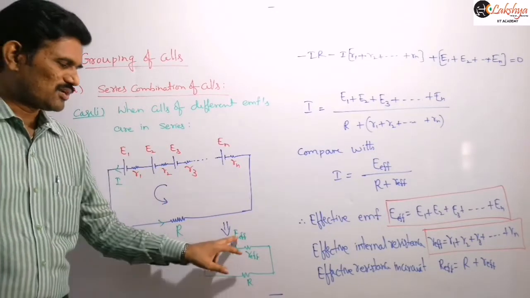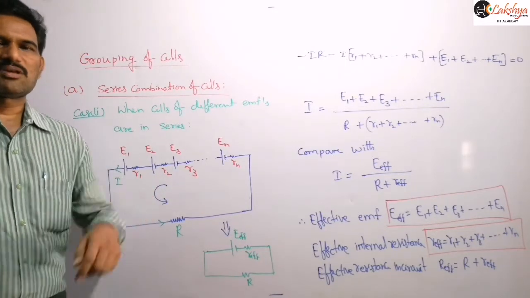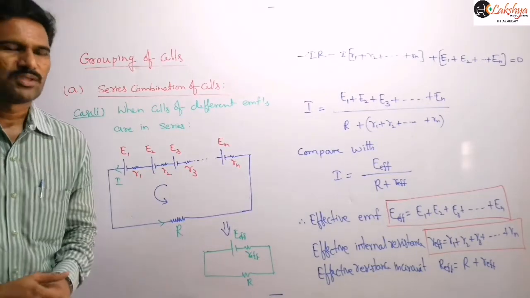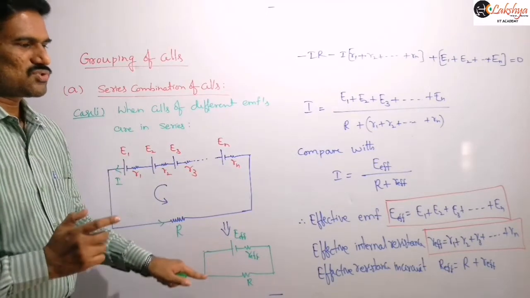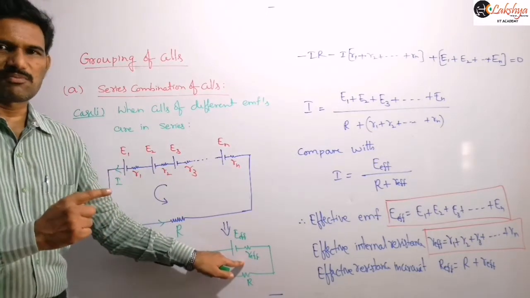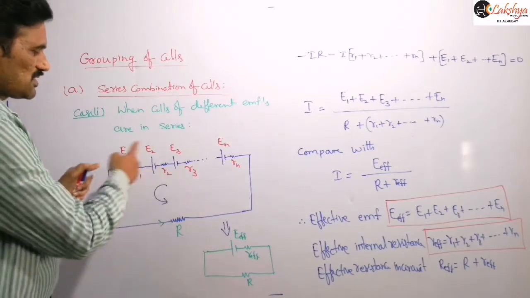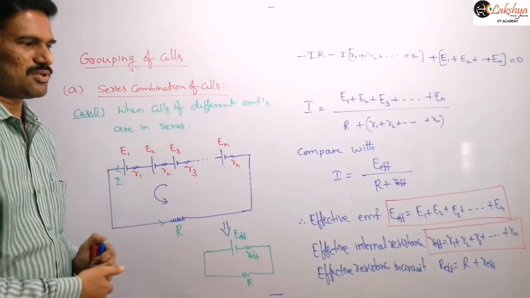So both the values we need to find here: how much effective EMF is there, and at the same time how much internal resistance is there. Got it? So effective EMF is E1 plus E2 plus E3 and so on, and effective internal resistance is R1 plus R2 plus R3 and so on. Then the effective resistance in the circuit means the effective internal resistance plus the external resistance, that is capital R.